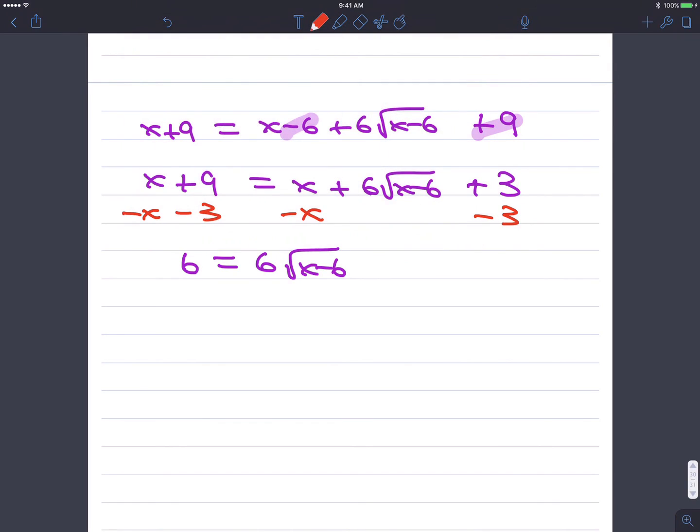Okay, now divide both sides by the 6. And I end up with 1, let's write it this way, is the square root of x minus 6. We got cancellation. And you get the square root of x minus 6 is 1.